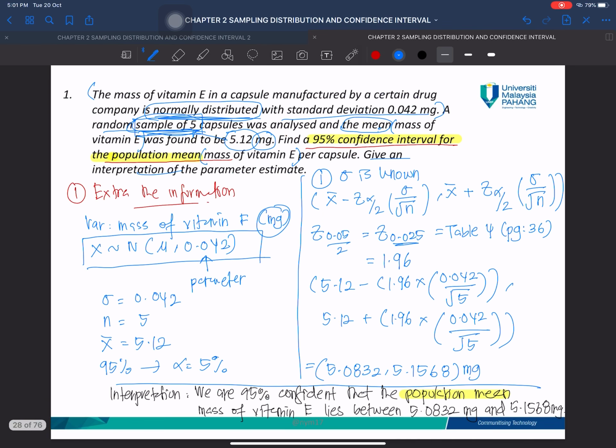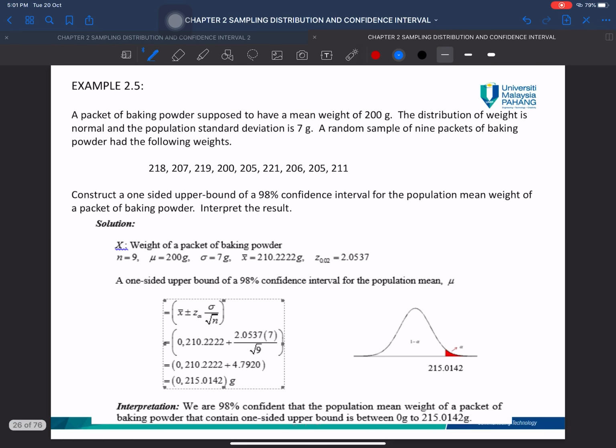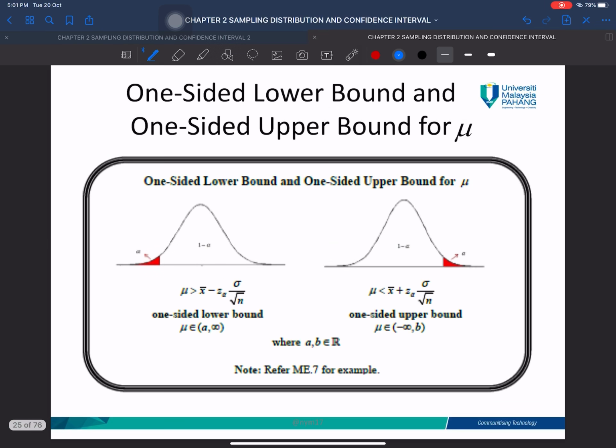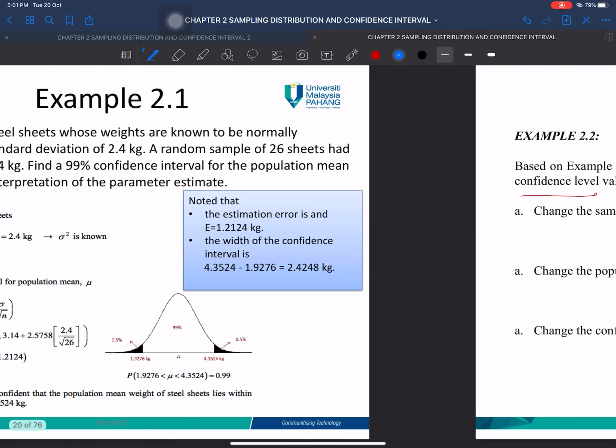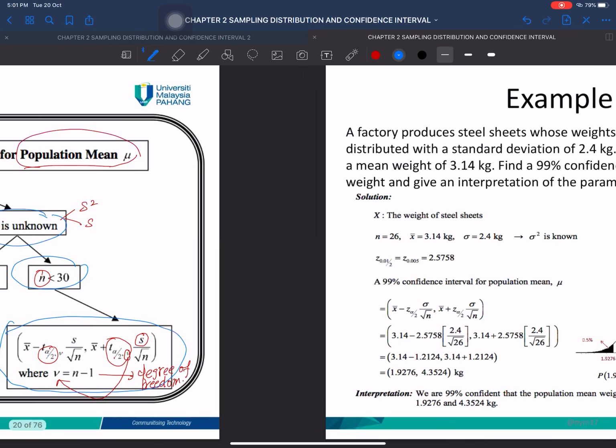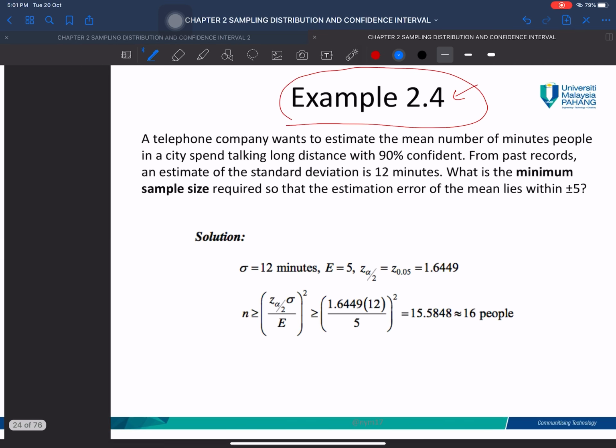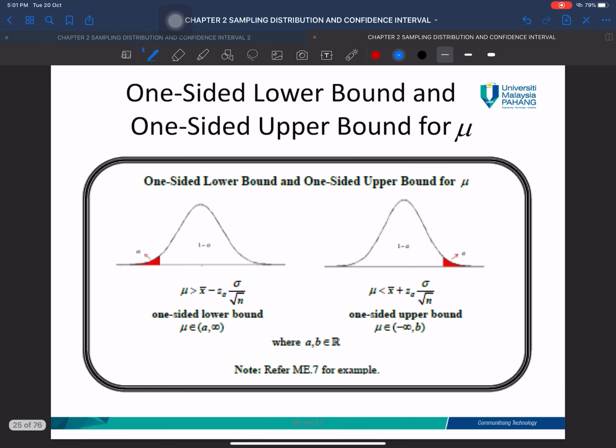Before that, I forgot to mention in the previous video, should be here or here. Should be here. So one-sided. The mu here, in general, mu is between negative infinity to infinity, like I mentioned in the video of 2.1.